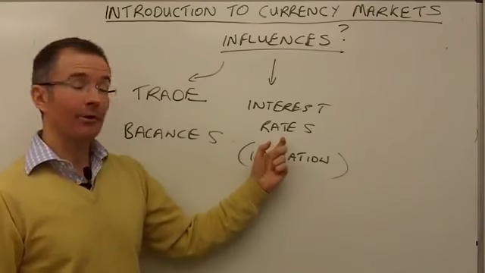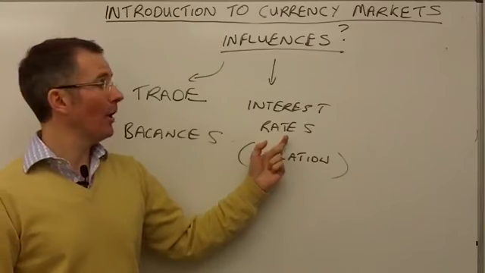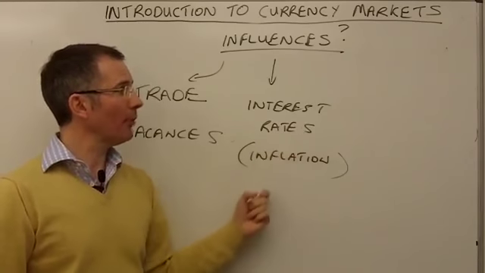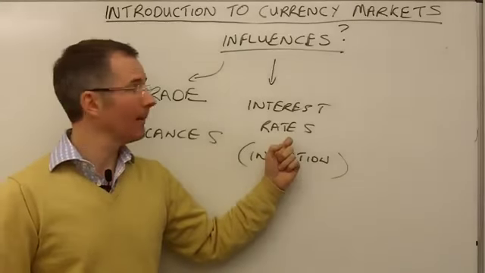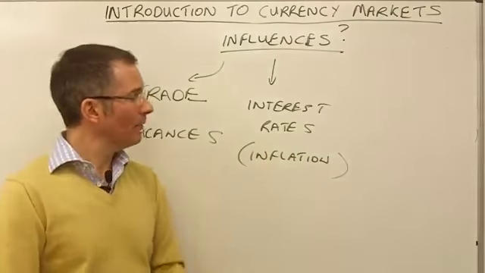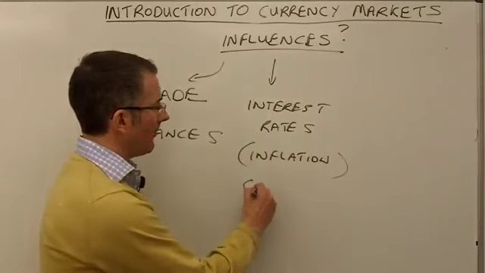So if interest rates are expected to rise, in America for example, that would tend to start pushing the dollar up relative to, say, sterling. And actually, some people exploit that. There is a thing called a carry trade.